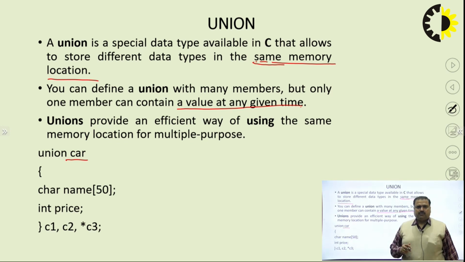Unions provide basically an efficient way of using the same memory location for different purposes. Like if I want to have a data type which may have different kinds of values, but at a time only one value will be useful. For example, let us take a real world example: an internet connection.